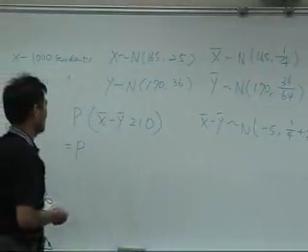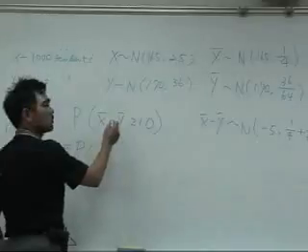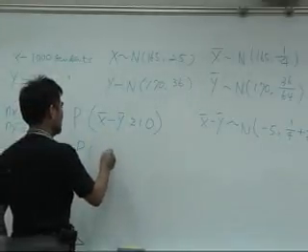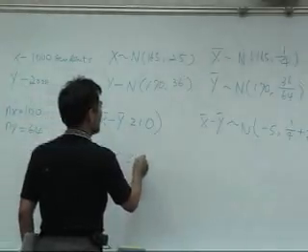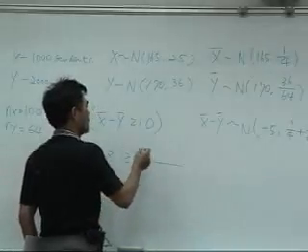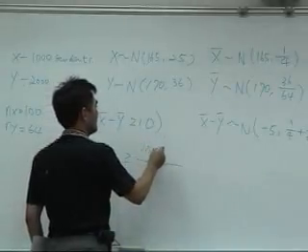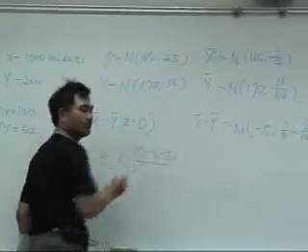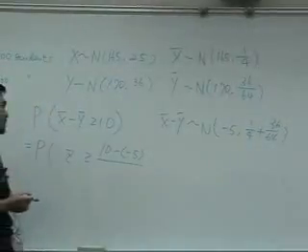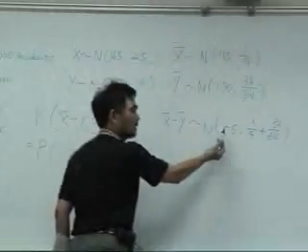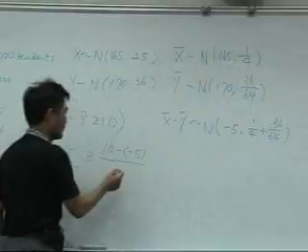Okay, so you have to transform this one into Z, right? Z greater than or equal to 10. So here you have 10 minus -5, right? Okay, 10 minus -5, because here is negative. And what about here?